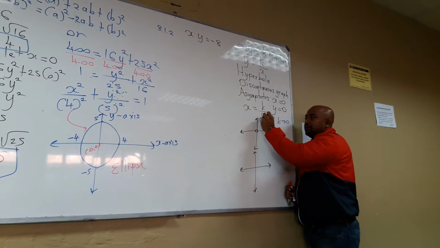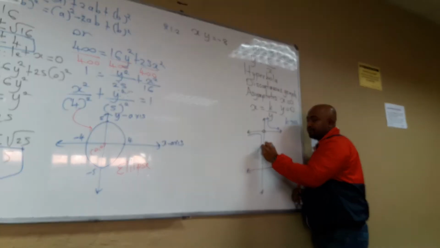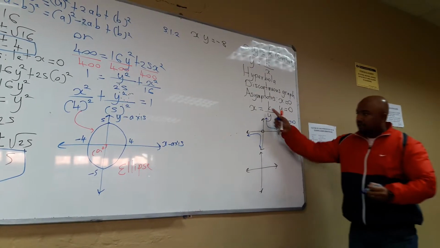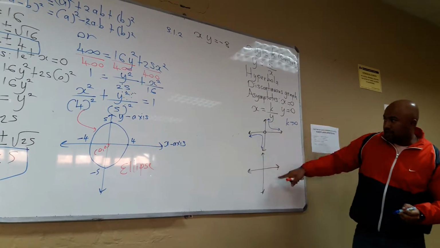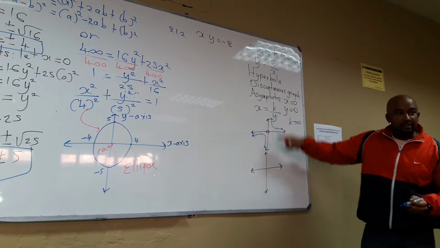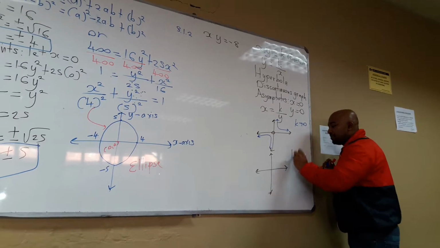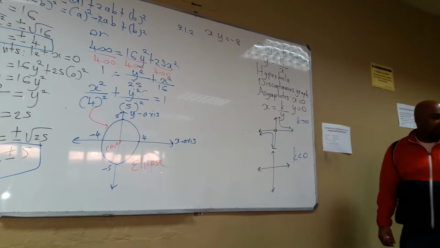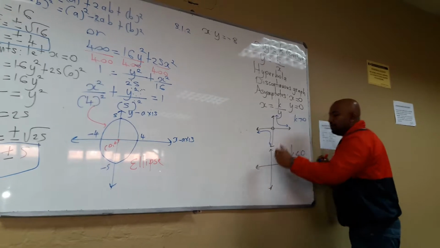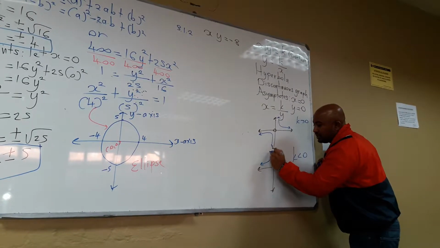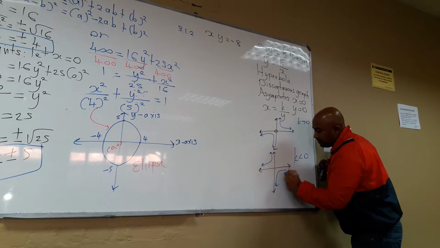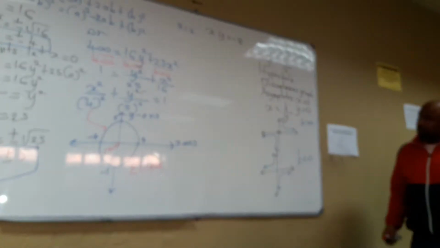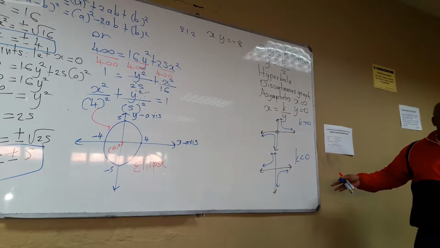So you'll have your hyperbola there and there. You can see the curve must not touch the asymptote. This one is x equal to 0, and this one is y equal to 0. What happens if k is less than 0? If k is negative, then your hyperbola will be in the second quadrant and the fourth quadrant. So this is a theory that we need to know.